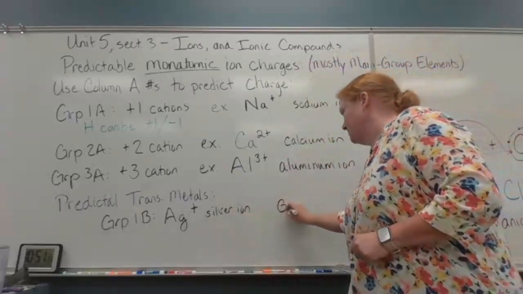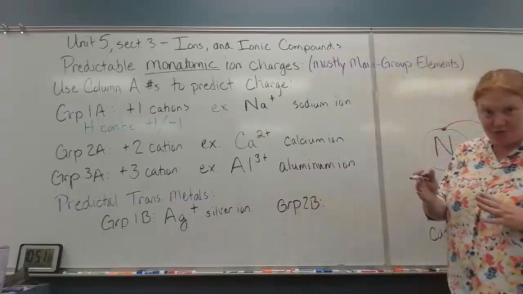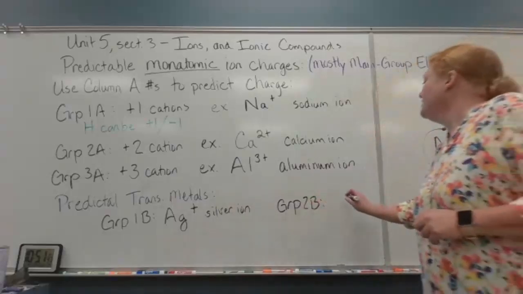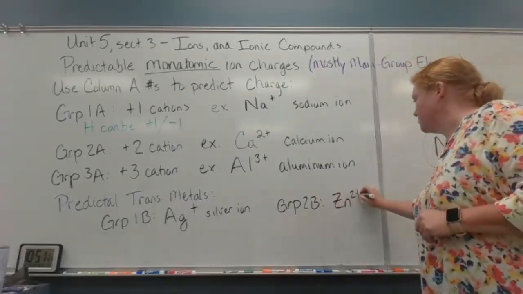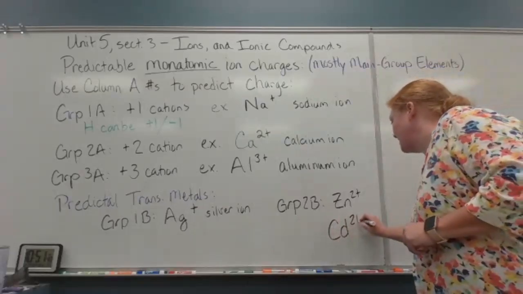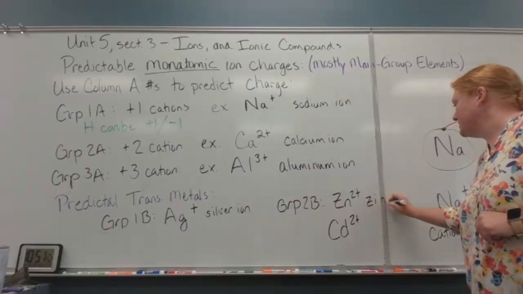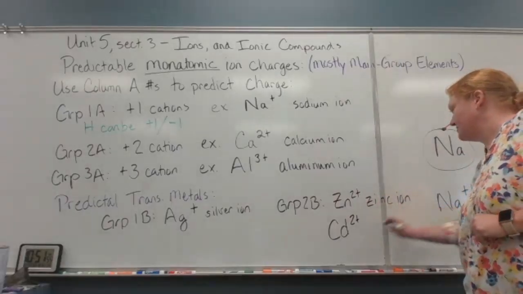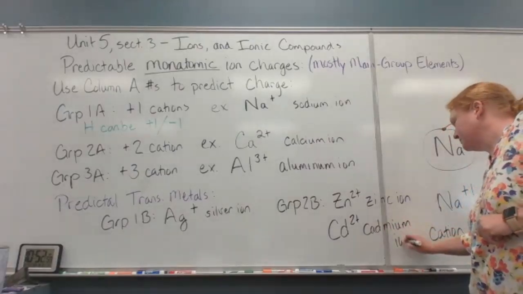You can also predict in group 2B, so very next one right next to it, zinc, when it's an ion, is always +2. And right below that, cadmium, when it's an ion, is always +2. These are predictable charges for these ions.